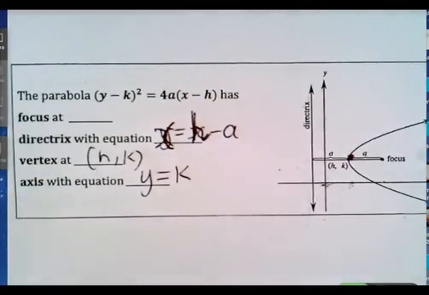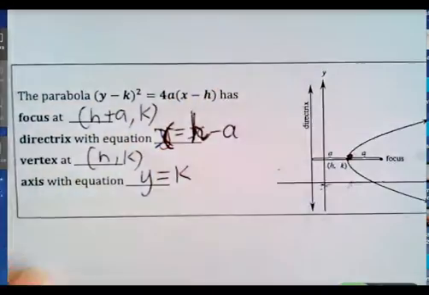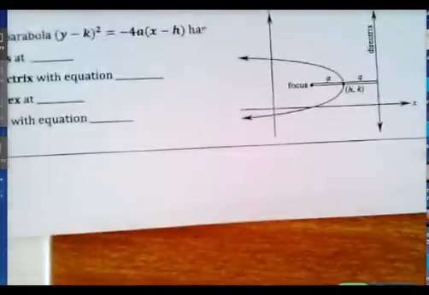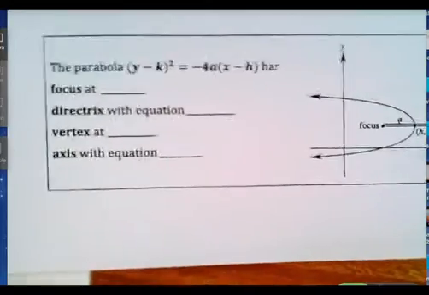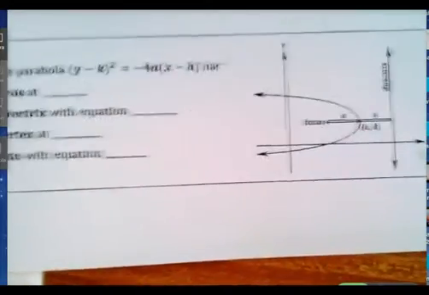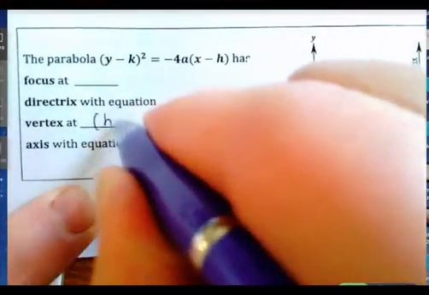And the focus? h plus a, k. Sorry, girls. And the directrix is x equals h minus a. All right, what have we got? Look, vertex is easy, (h, k).